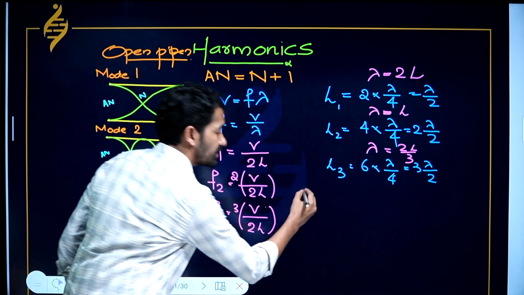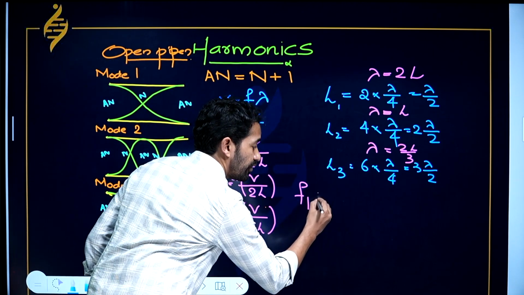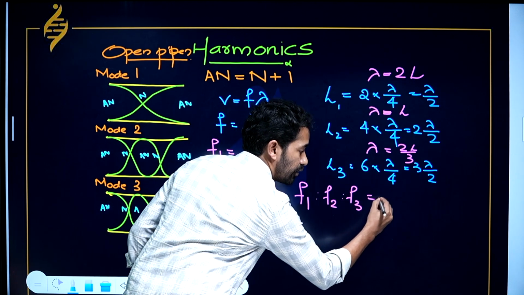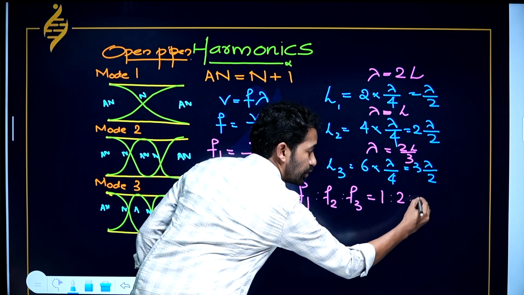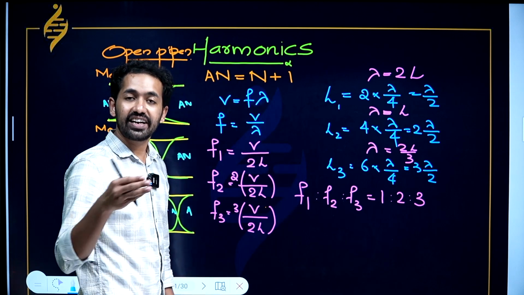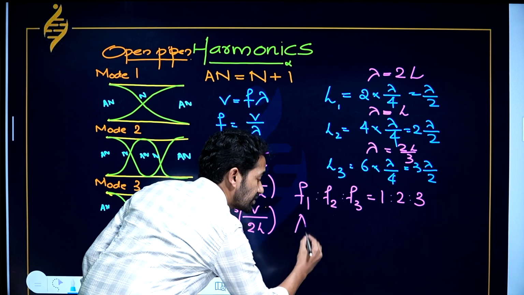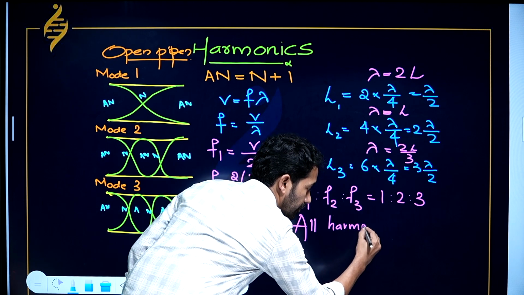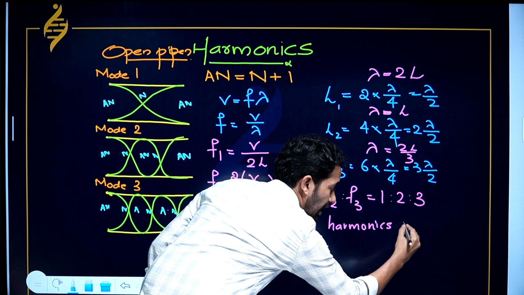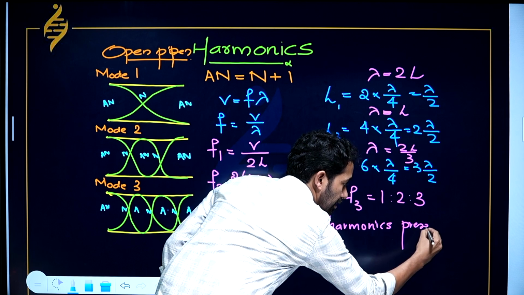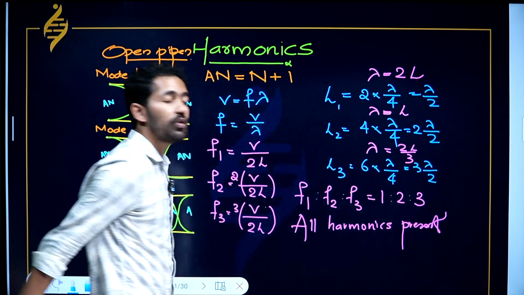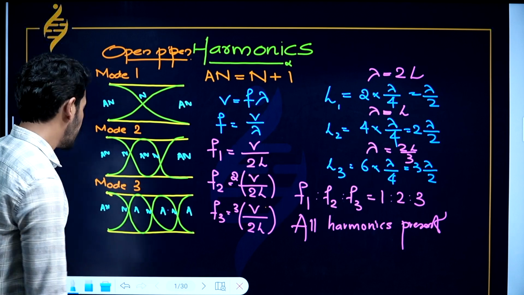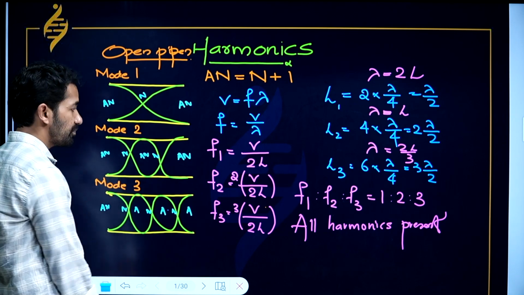Or I can say that F1 is to F2 is to F3 is equal to 1 is to 2 is to 3, and I can write that all harmonics are present in the case of an open pipe. Correct?